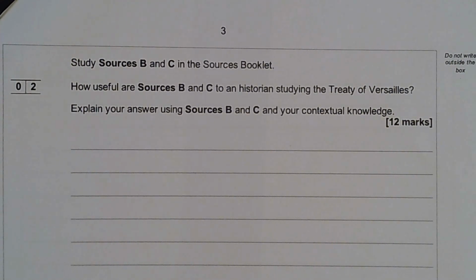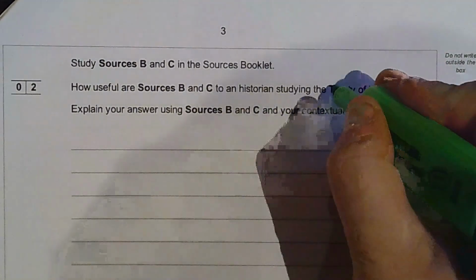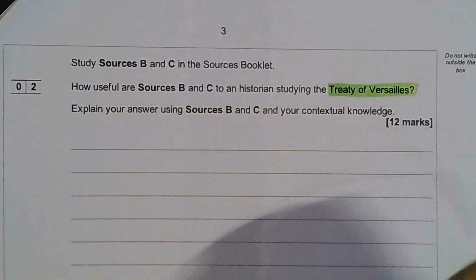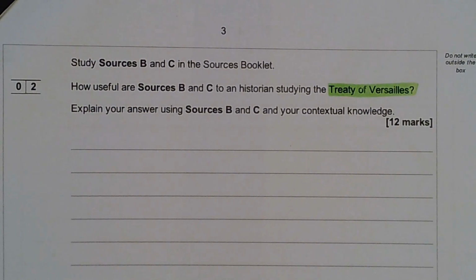So, as with any question, the first thing we need to ask ourselves is what part of history is the question asking us about? And it's asking us about the Treaty of Versailles. Then I ask myself, what else is this question asking me about?